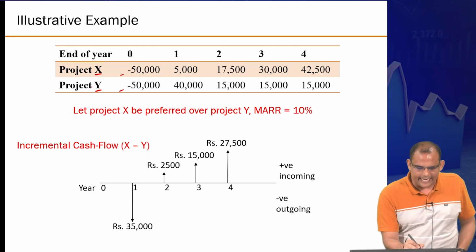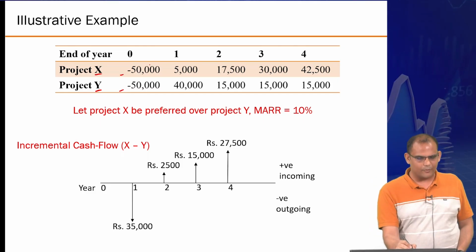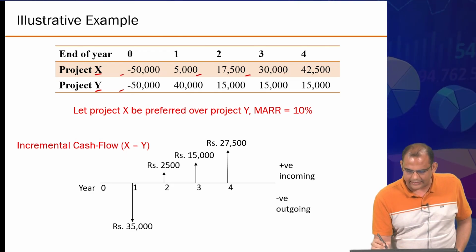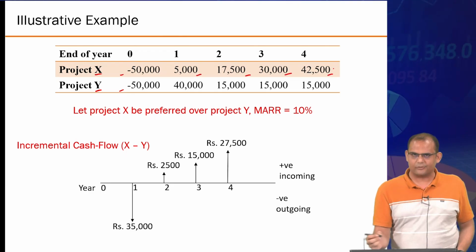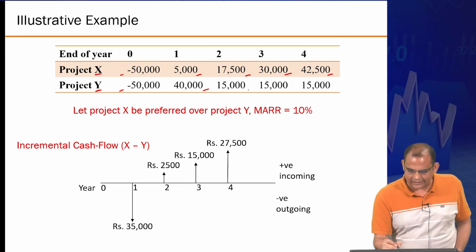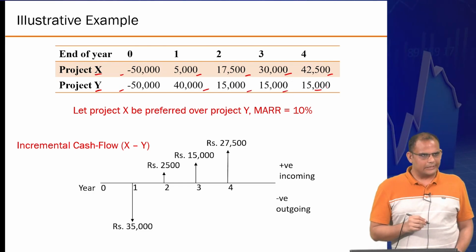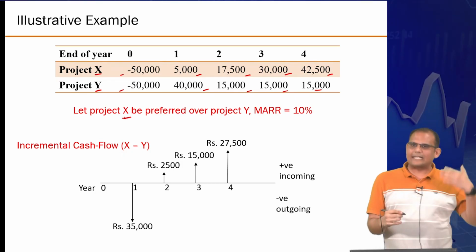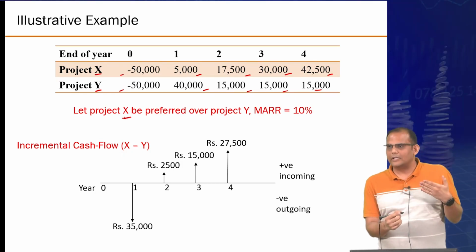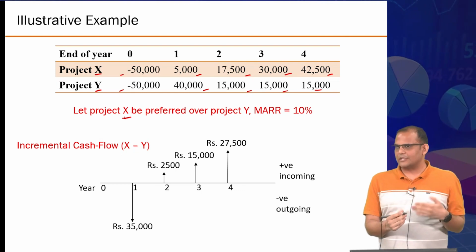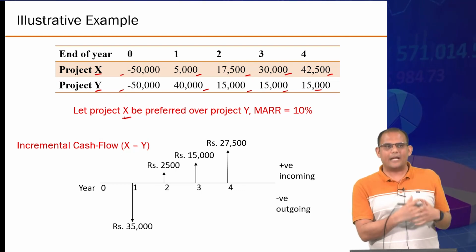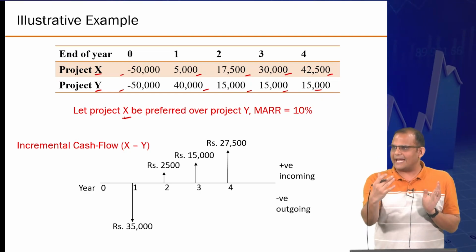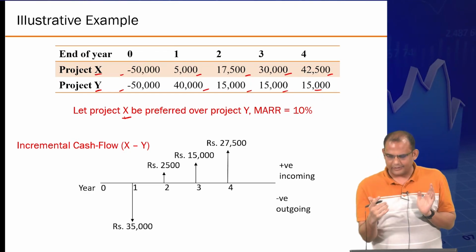So in this case, X and Y, let's say original cost for both of them was 50,000, 50,000. But X generated 5,000, 17,500, 13,000 and 42,000 cash flow series, and Y generated something else. What I am saying is, I want to know whether X is better compared to Y. So I will get the incremental cash flow series of X minus Y, right?